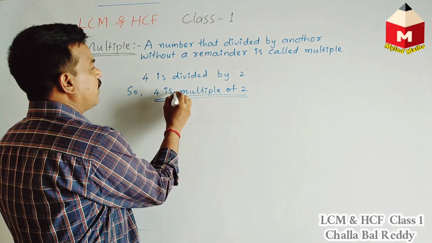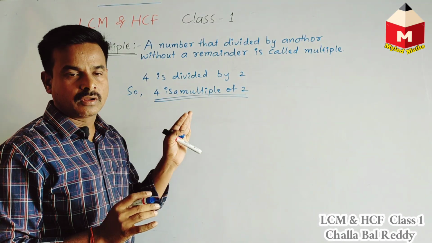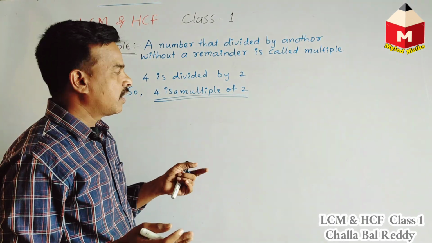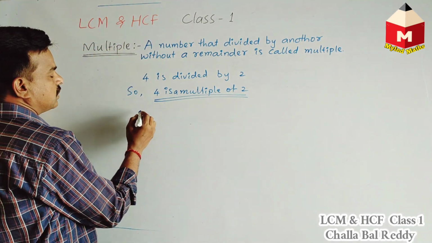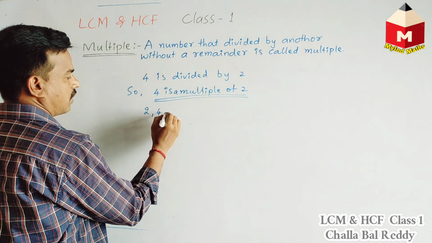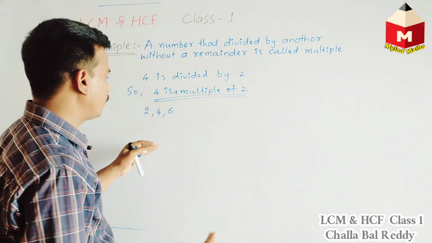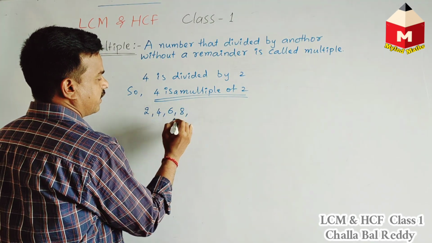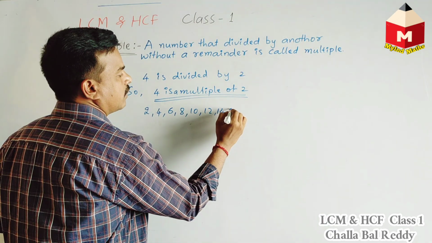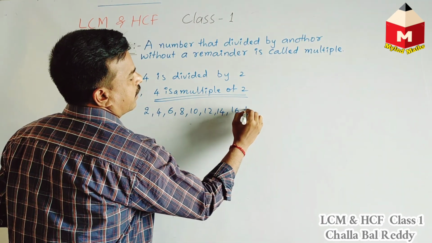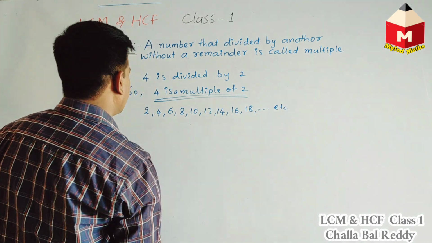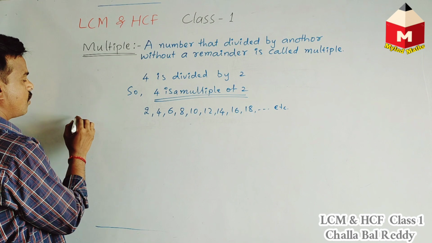4 is only one multiple, because 2 has many multiples. And what are those? We know that 2, also 4, also 6 divided by 2, 8 also divided by 2, 10, 12, 14, 16 and 18, etc. These are all multiples of 2.